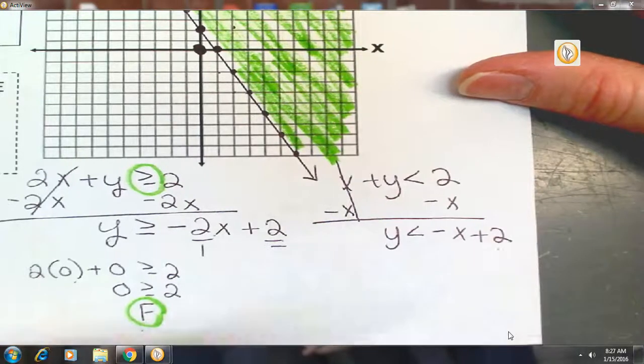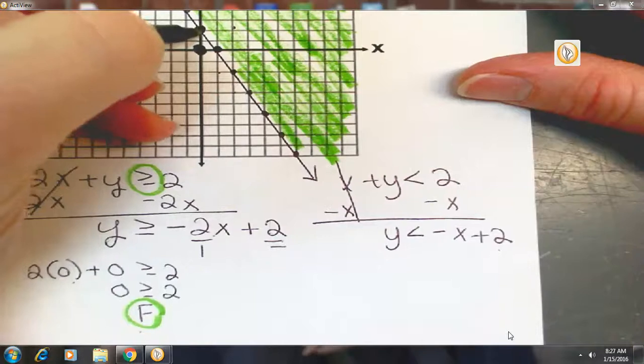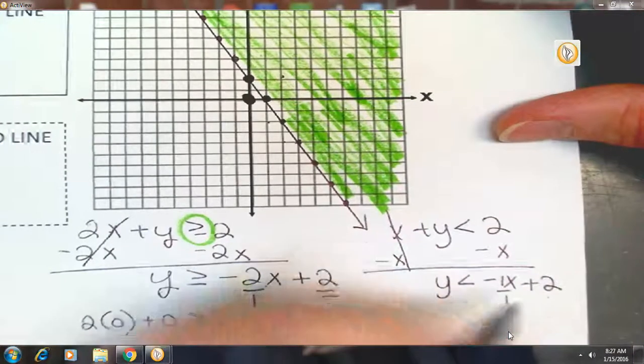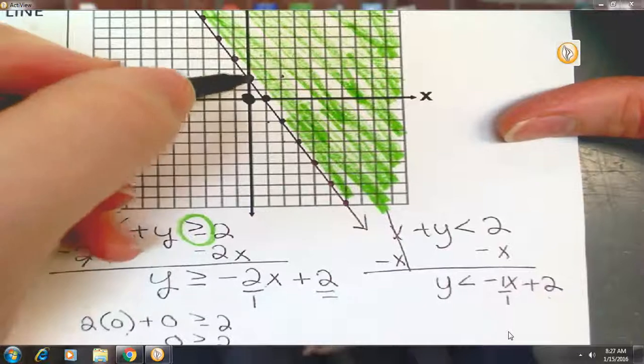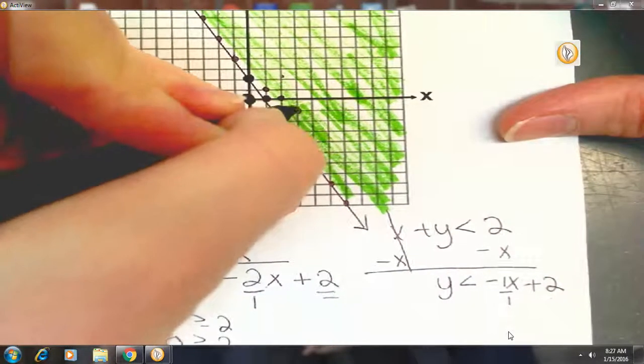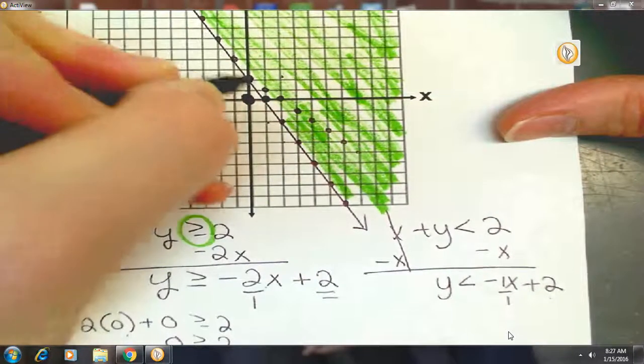What's b? Positive 2. So we'll put a dot at 2 on our y-axis, which is right there. The slope is negative 1, or negative 1 over 1. So I'm going to go down 1 and right 1. Down 1 and right 1. You go up 1 and left 1.